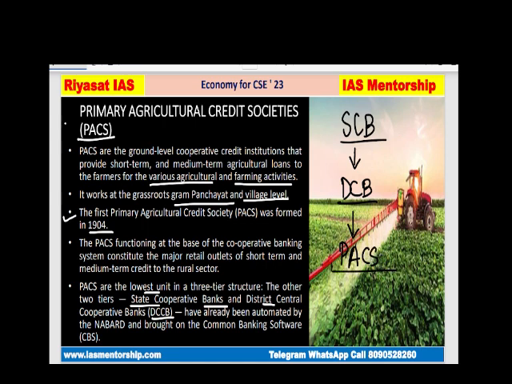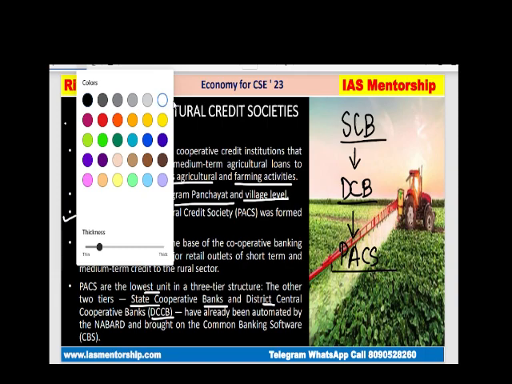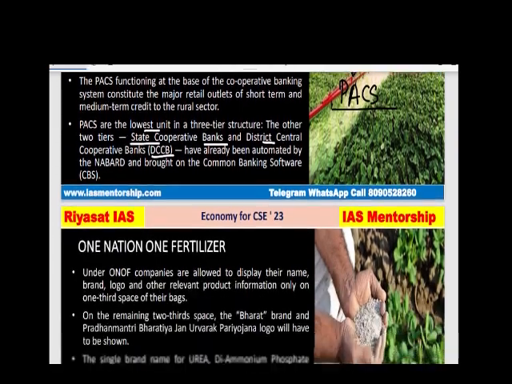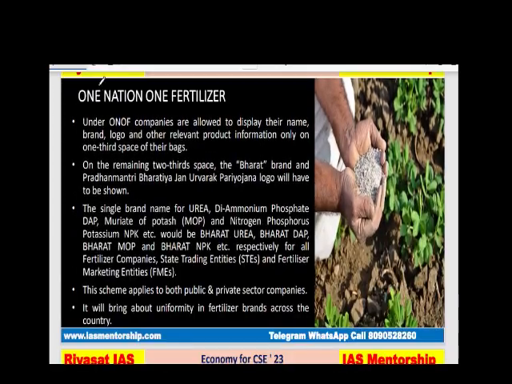Primary agricultural cooperative society. All these society banks are helping farmers to carry out the activities by giving them short and medium term loans. Clear? Understood? Okay. Let us move ahead and see the next topic, that is your one nation one fertilizer.